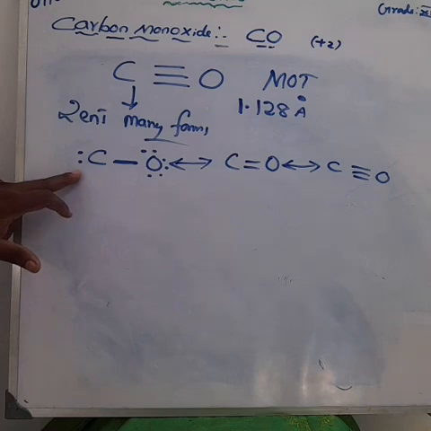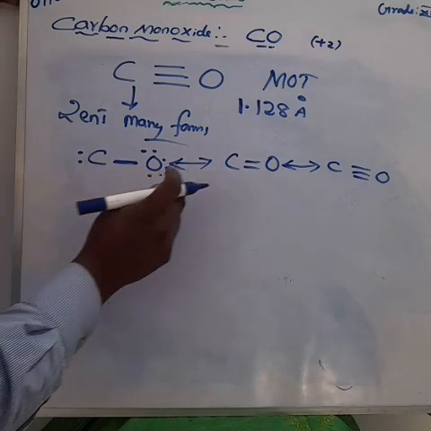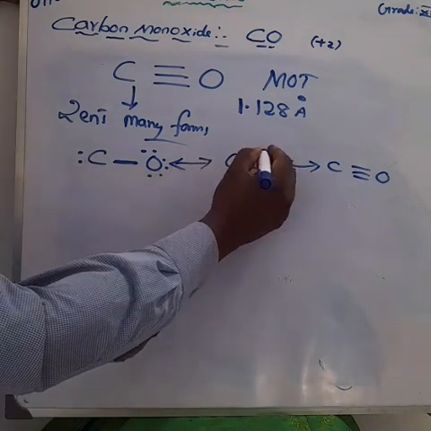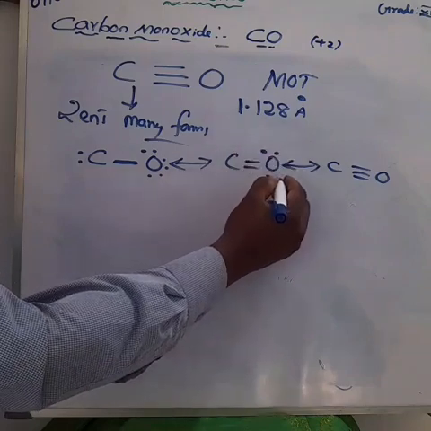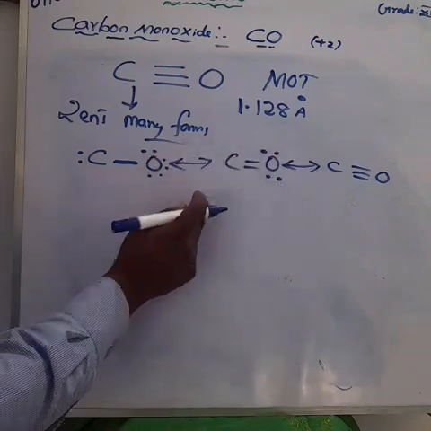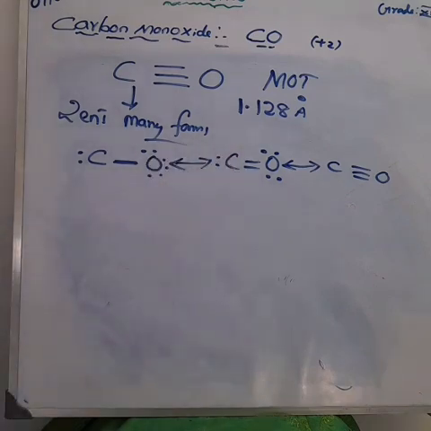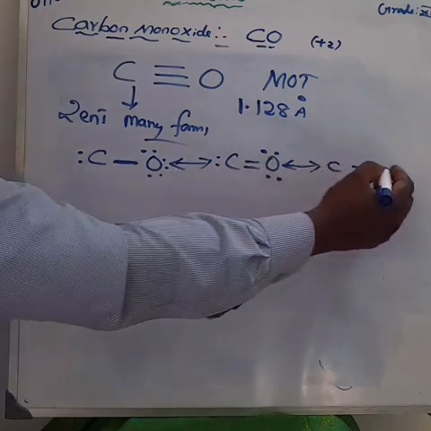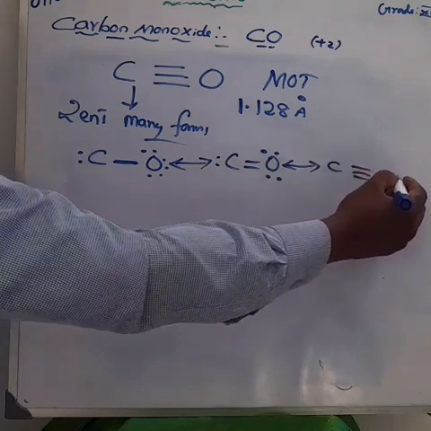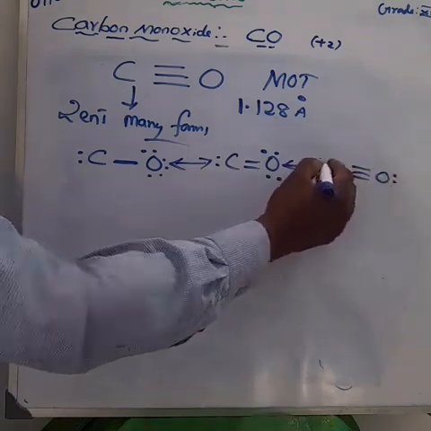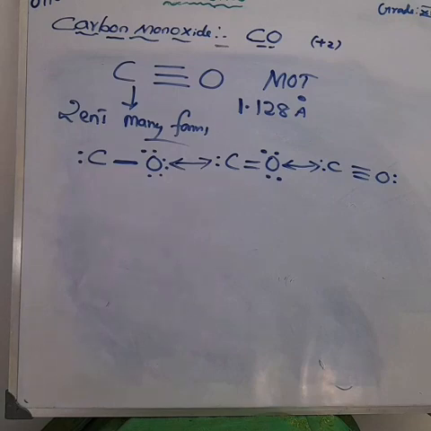A triple bond means oxygen has 2 electrons and carbon has 2 electrons. Try to understand the concept.